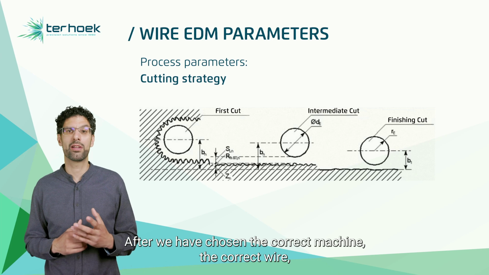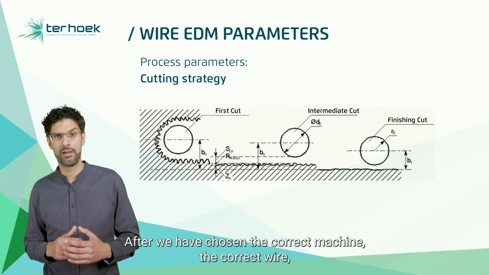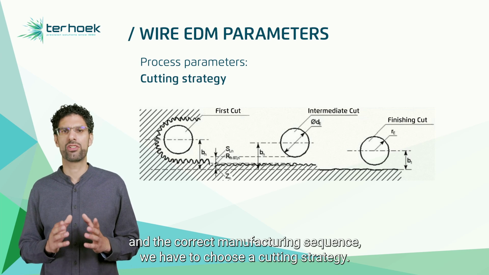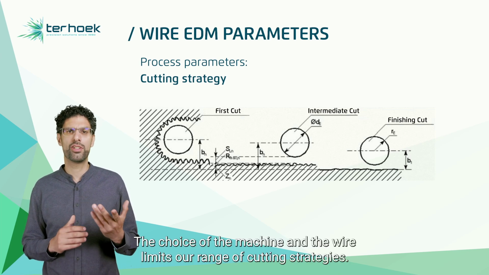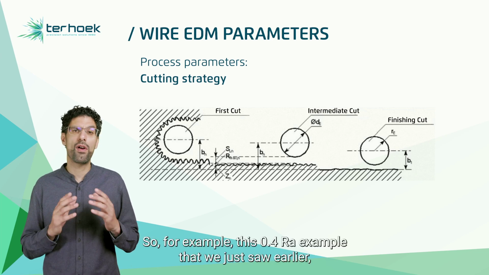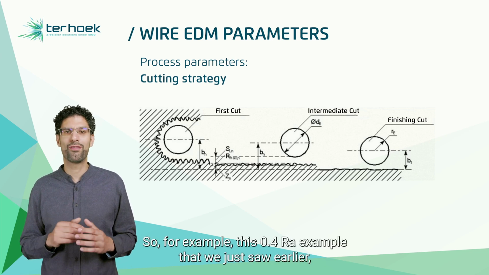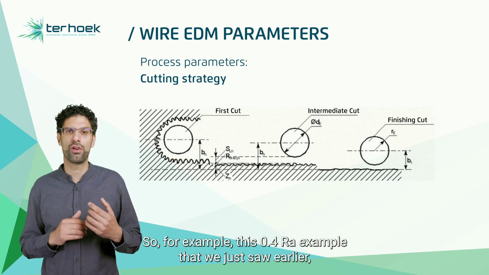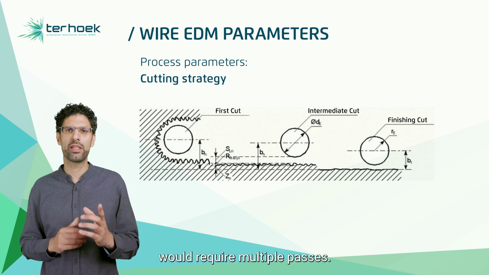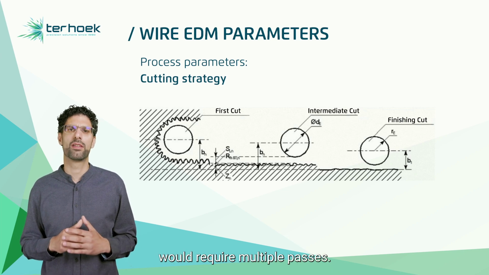After we have chosen the correct machine, the correct wire and the correct manufacturing sequence, we have to choose a cutting strategy. The choice of the machine and the wire limits our range of cutting strategies. So for example, this 0.4 RA example that we just saw earlier with machine A and height B would require multiple passes.